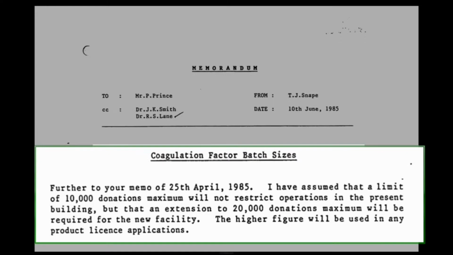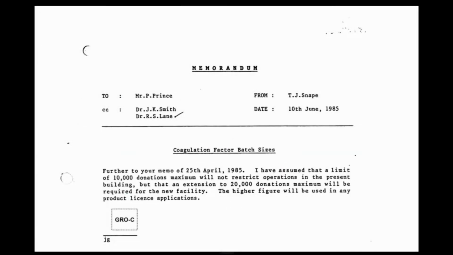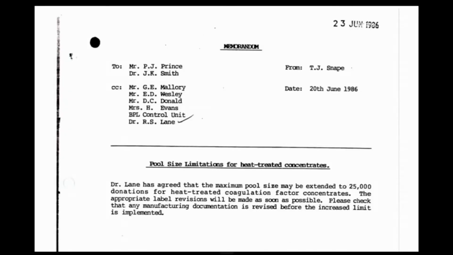And then if we turn over to CBLA 304791, finally, I'm afraid, getting to the document that you asked me to take you to. This is the 20th of June 1986, so a year later, from you to Mr. Prince and Dr. Smith, copied to a number of others.